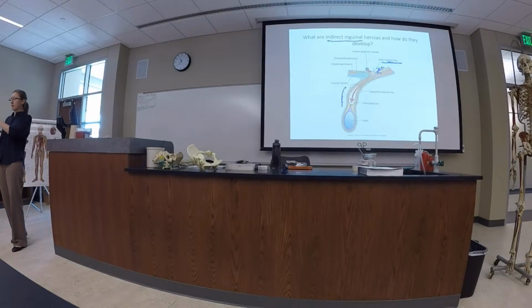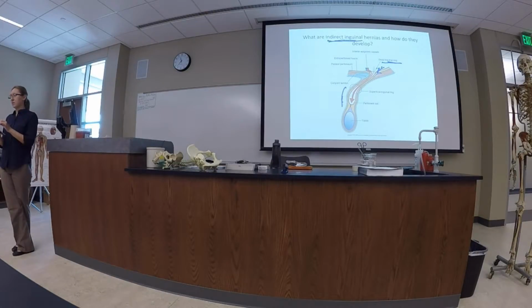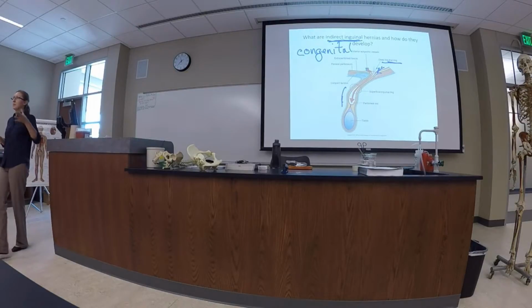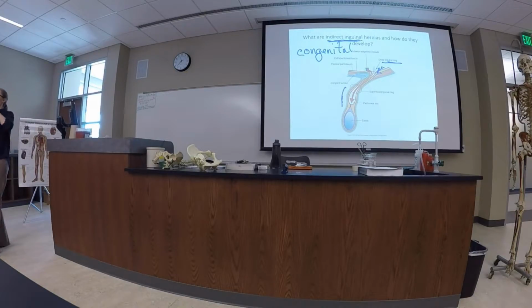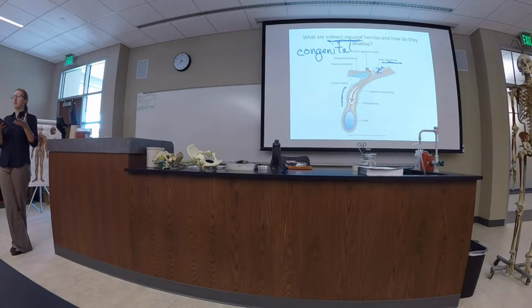Actually, I'm going to jump back here. With the indirect inguinal hernia, this is often congenital. They have a congenital propensity for it because the processus vaginalis doesn't completely finish fusing in the inguinal canal. So there are some remnants, a patent processus vaginalis, as they call it, making this area a little bit weaker than normal.